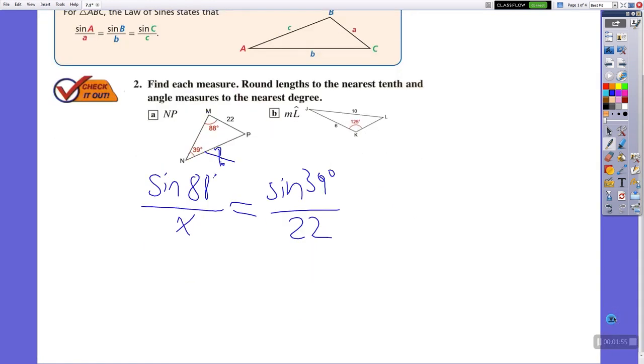So let's do cross product here. So sine 88 times 22 is equal to x times sine 39. You isolate x by dividing both sides by sine 39.